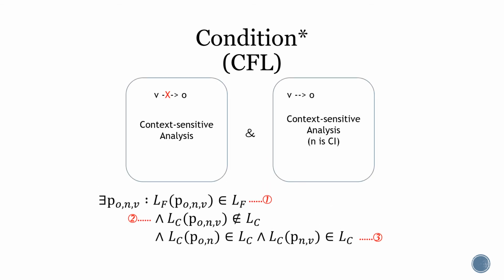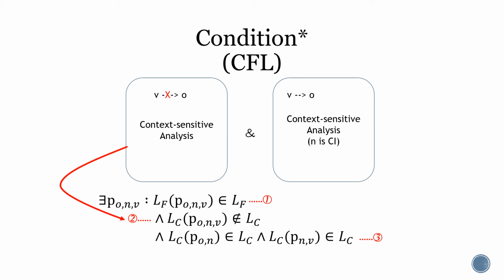This will be very easy to understand if compared to the original conditions. First of all, condition 2 says that the path is not context-sensitively reachable, which ensures V does not point to O in a context-sensitive pointer analysis.